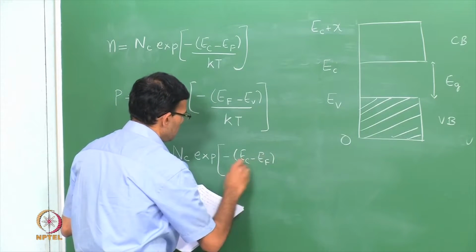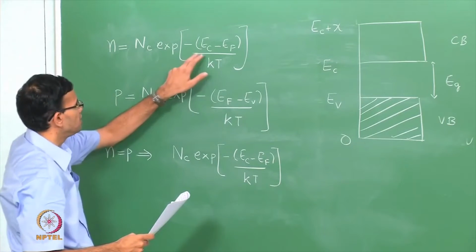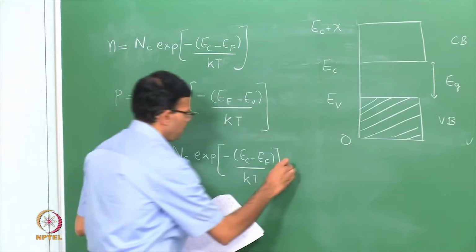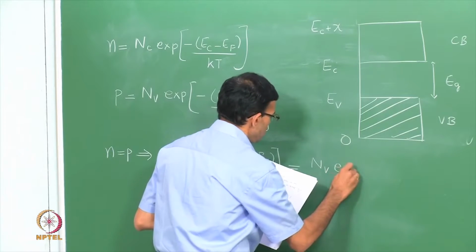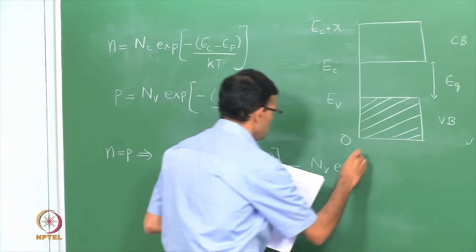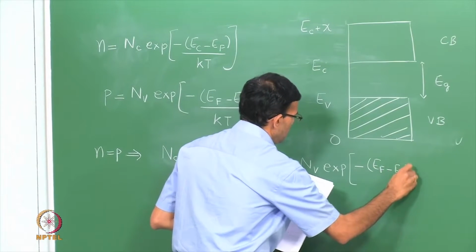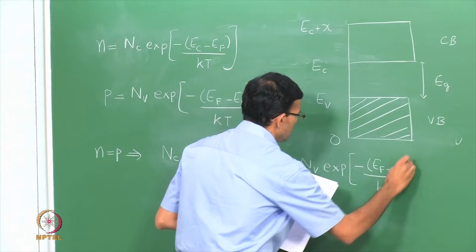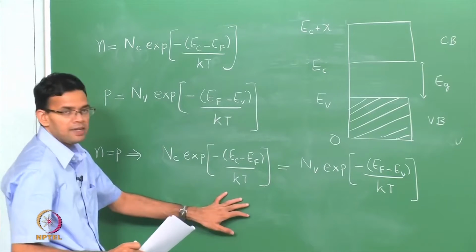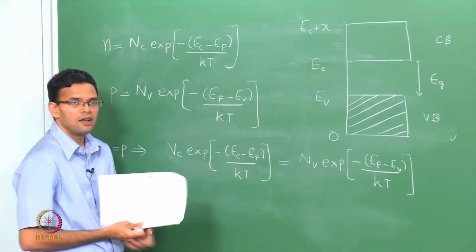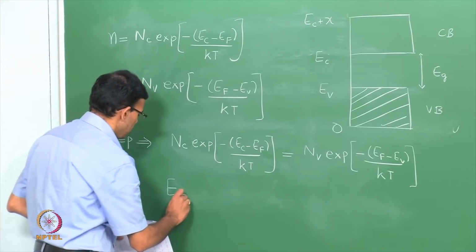So, we have NC exponential minus EC minus EF over KT is equal to NV exponential minus EF minus EV over KT. I have just equated N and P. We can take natural log on both sides and then rearrange this expression to give you the value of EF.